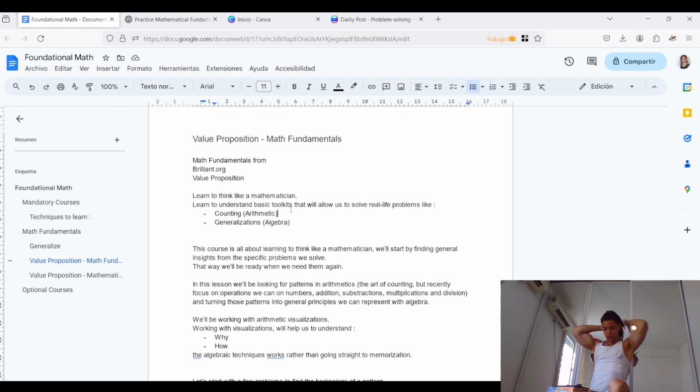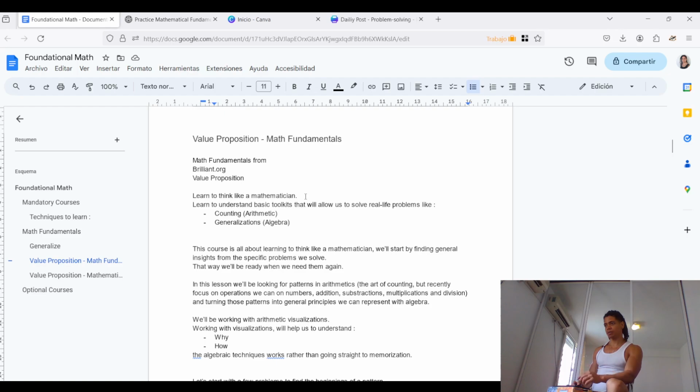So the value proposition of the math fundamentals from brilliant.org is: learn to think like a mathematician, like this role, and learn to use the basic spells, the basic toolkit, that allows you to solve real life problems like counting and generalization. So counting from arithmetic and generalization using algebra.